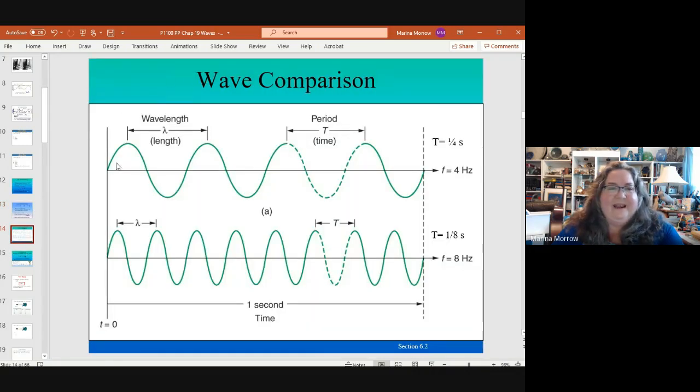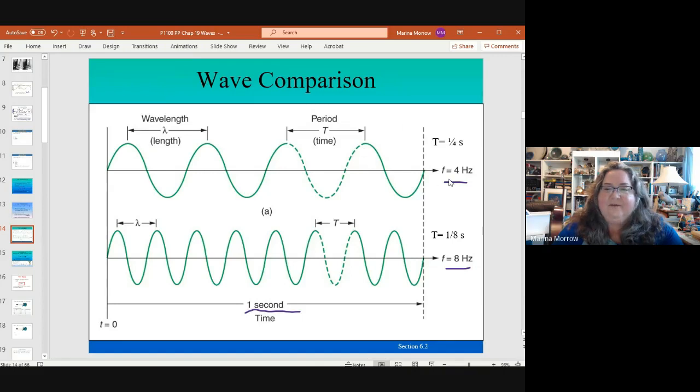Okay, so here are our 2 example waves. One has a frequency of 4 hertz, the other one has a frequency of 8 hertz. Now they're moving at the same speed, so they move the same distance in the same time of 1 second.